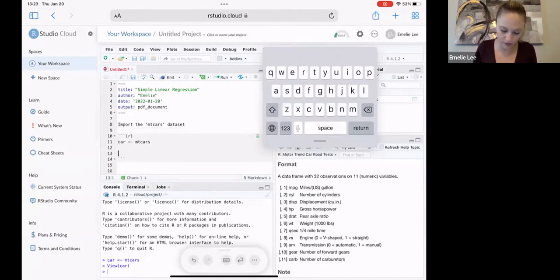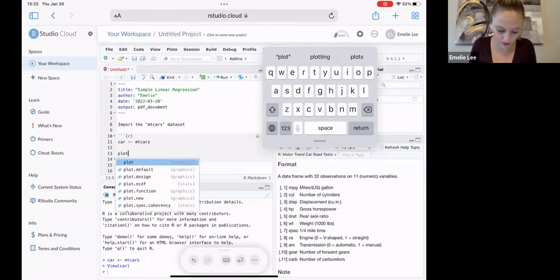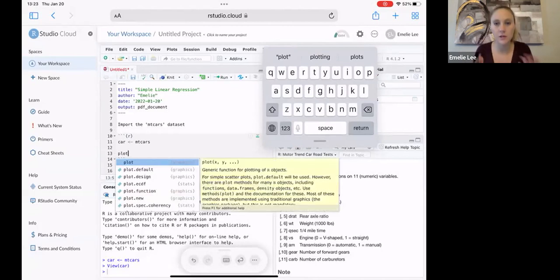Just for a visual, I'm going to make a plot using the basic plots. I know you guys are all ggplot whizzes, and you have been working a lot in ggplot. But for simplicity's sake, and for getting a quick look at things, I tend to use the basic plots, and that's fine. They just don't look as good.